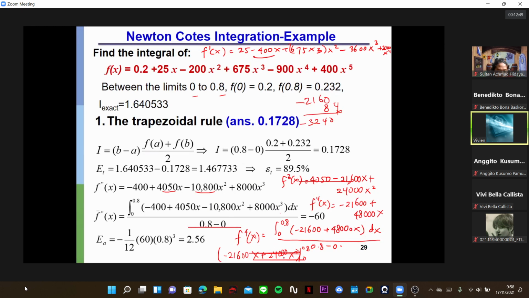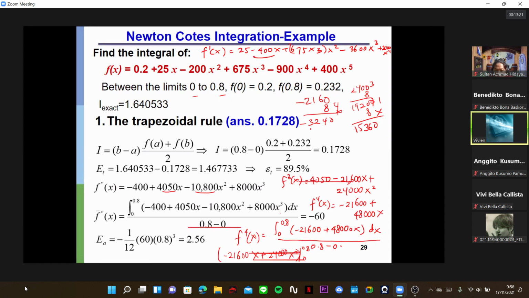Plus we have here 24,000 times 0.8 squared, that will be 22,400 times 8, that will be 19,200. We multiply again with 0.8, so multiplied with 8, that will be 15,360.